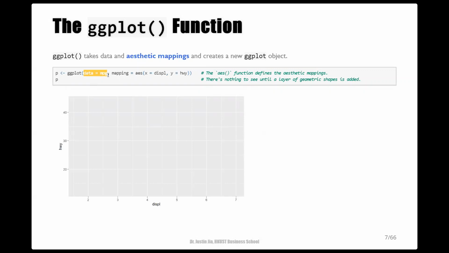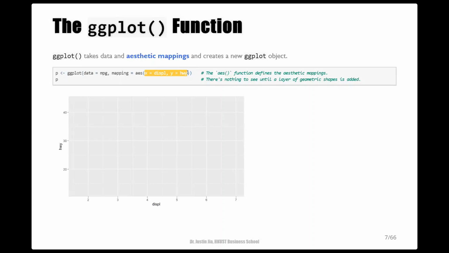We also use a function called aes, short for aesthetics, to specify a set of aesthetic mappings that will be used throughout all subsequent plotting layers. Here, the two named arguments indicate which variables should be mapped onto the x and y positions of the geometric object to be plotted.